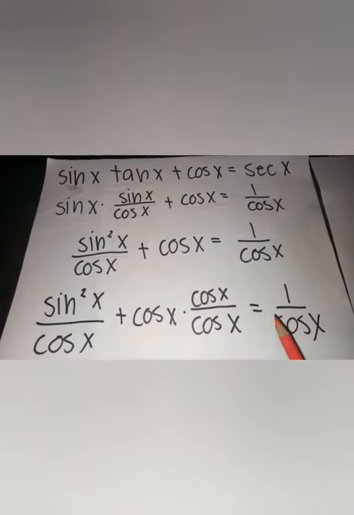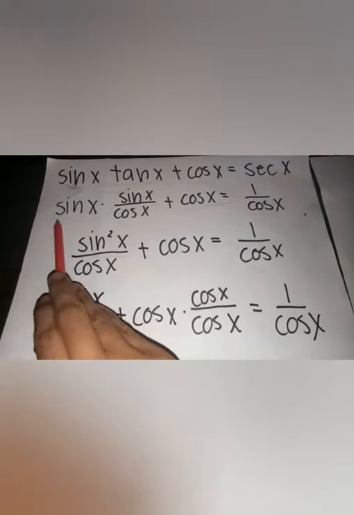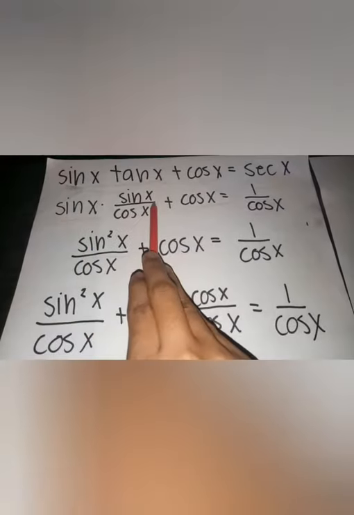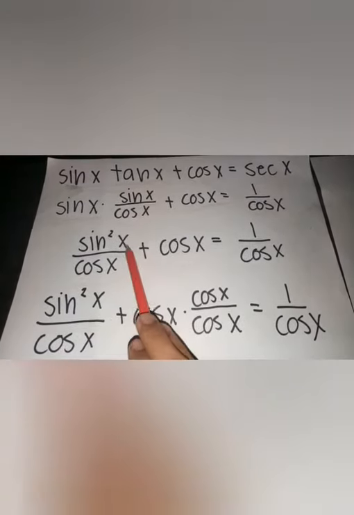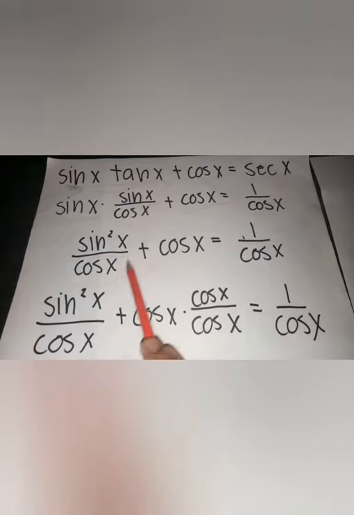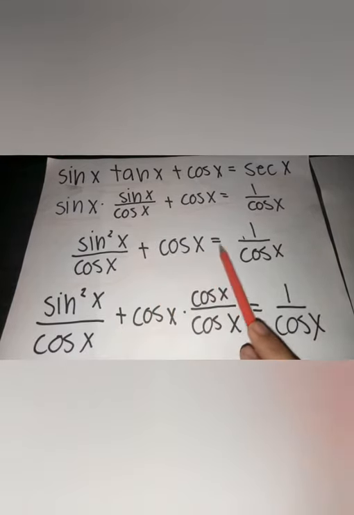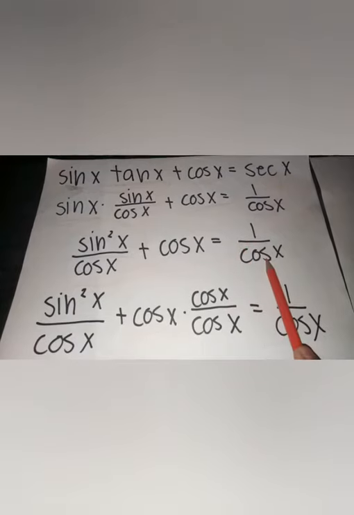And after that, we will multiply sin x to sin x over cosine x, which will be sine squared x over cosine x plus cosine x is equal to 1 over cosine x.